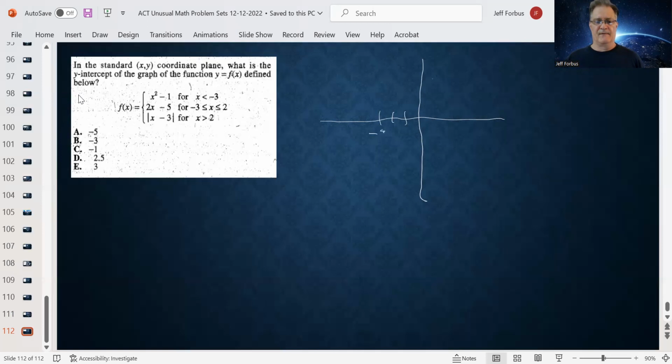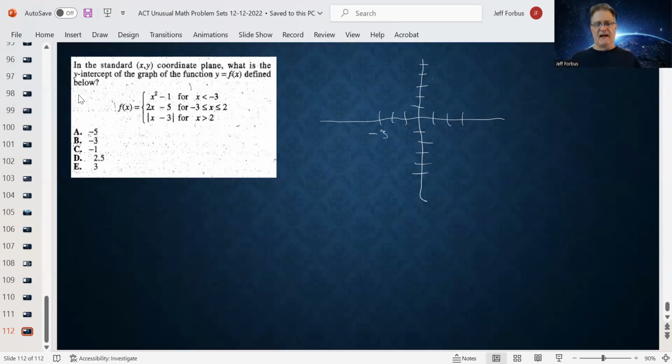So here's -3. So x squared minus 1, we can only use values less than -3. So they're moving to the left. So that graph is going to be out here to the left somewhere.